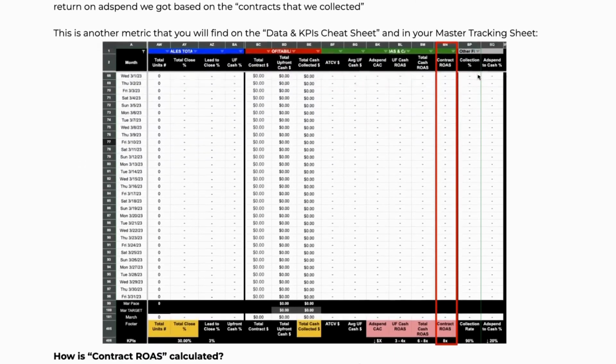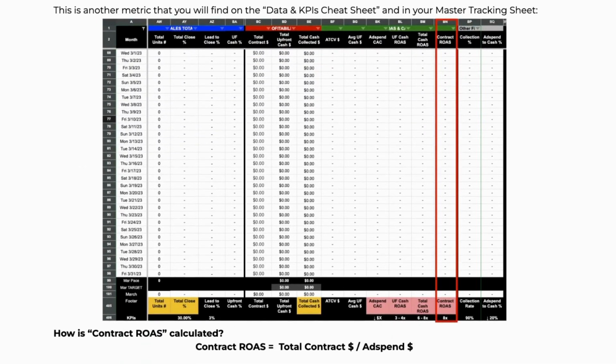So we have a metric in our tracking sheet called contract ROAS, and contract ROAS is defined as total contract divided by ad spend. What we're basically saying is, out of the ad spend that we spent, what was the return on investment that we got specifically for the contract?